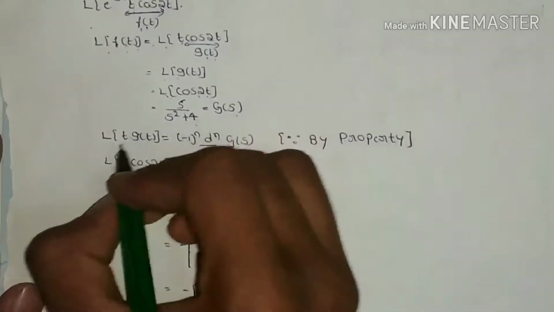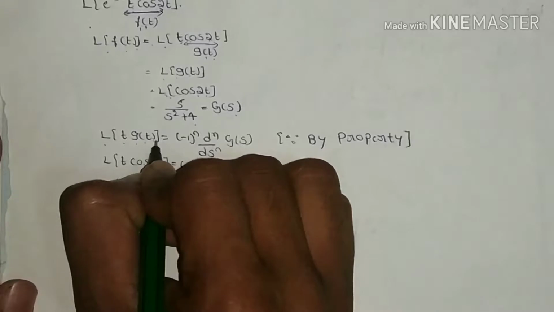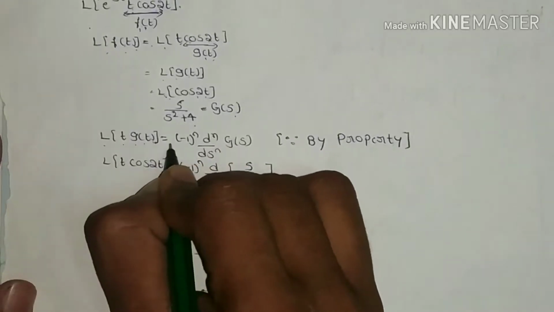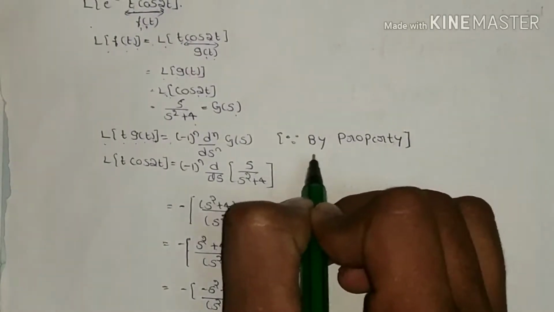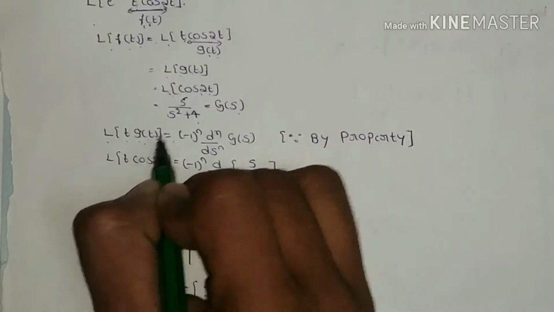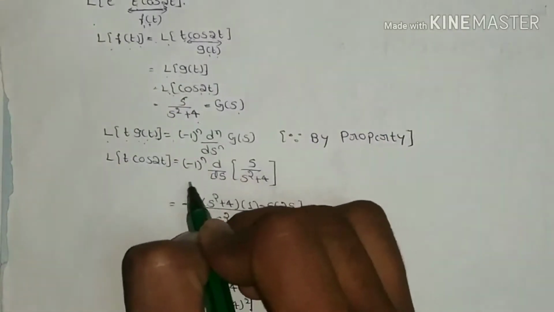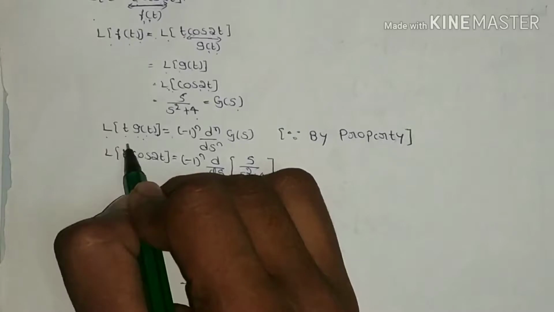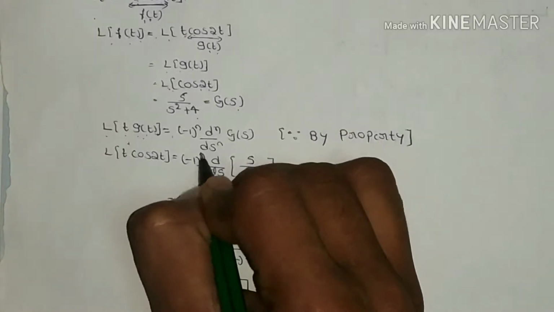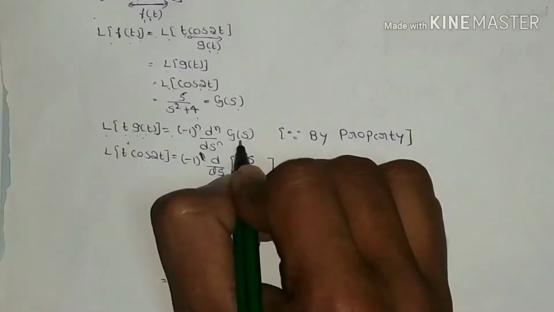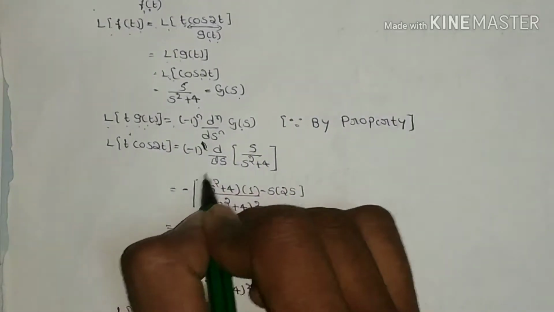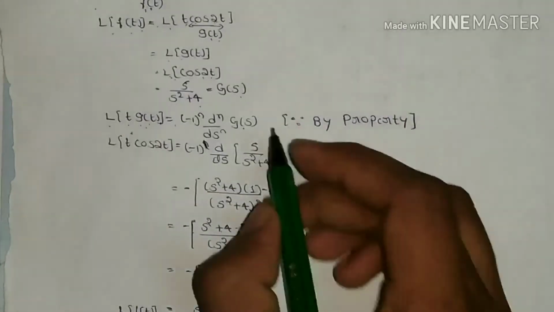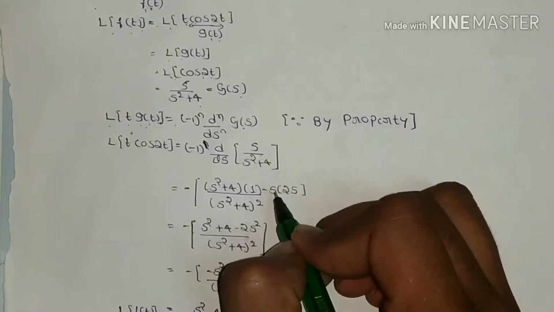Then Laplace of t into g of t, according to the differentiation property, is minus 1 raised to n, d raised to n by ds raised to n of g of s. Here t raised to 1 is there, so n is 1, and it is minus d by ds of s divided by s square plus 4. As it is a differentiation, we apply the quotient rule.